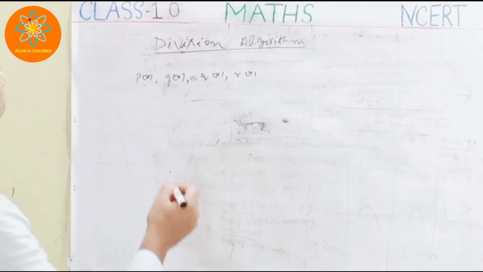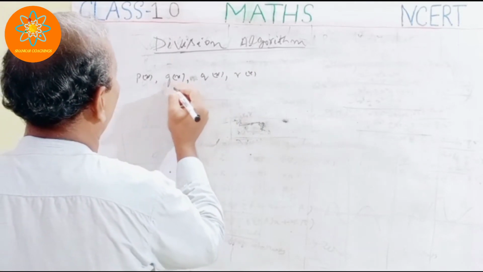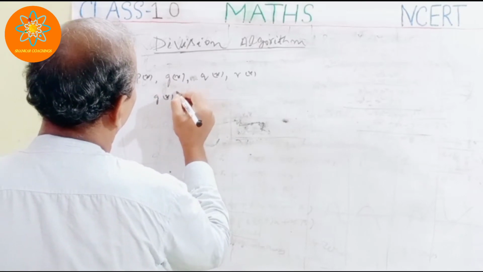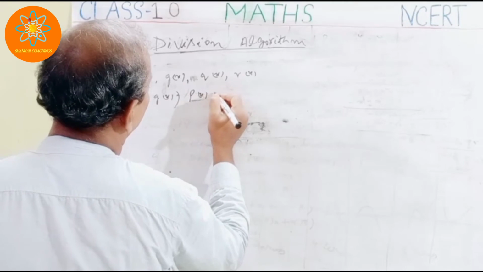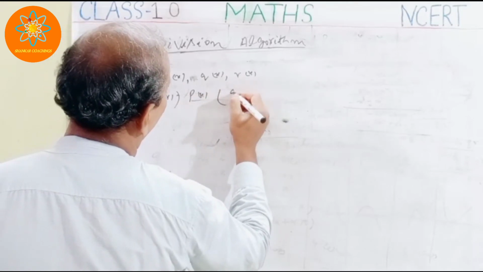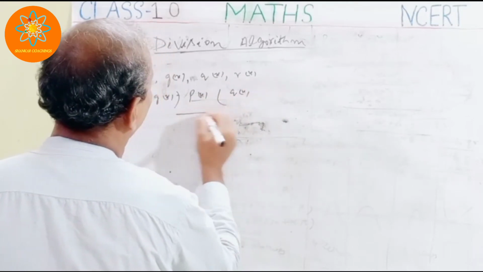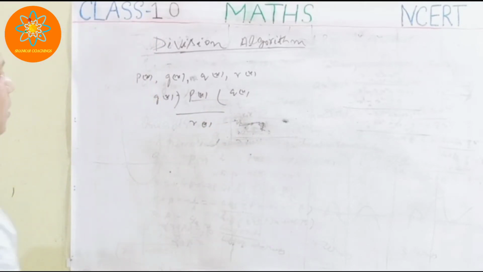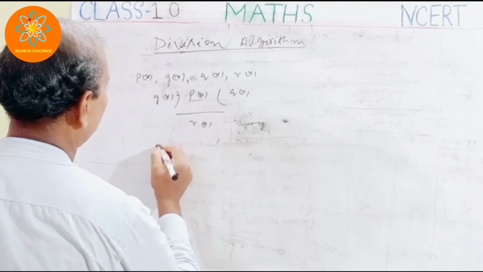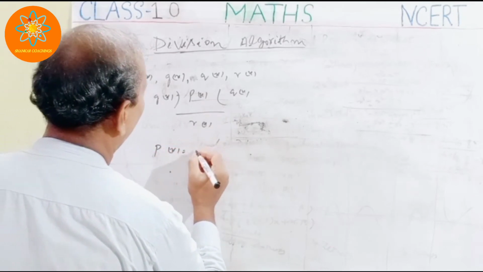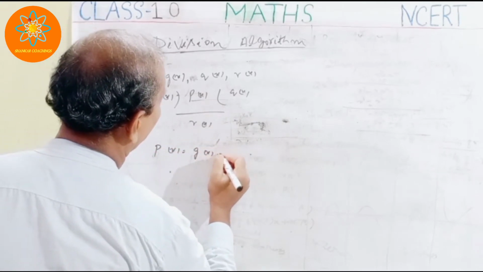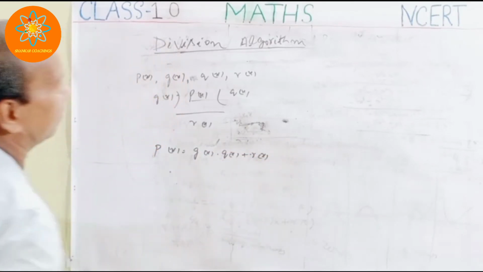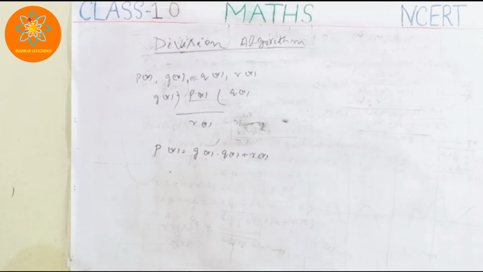In symbolic form, I can write gx, divide px by it, and I will get qx as the quotient and the remainder is rx. So the division algorithm is px is equal to gx into qx plus rx. This is the division algorithm.